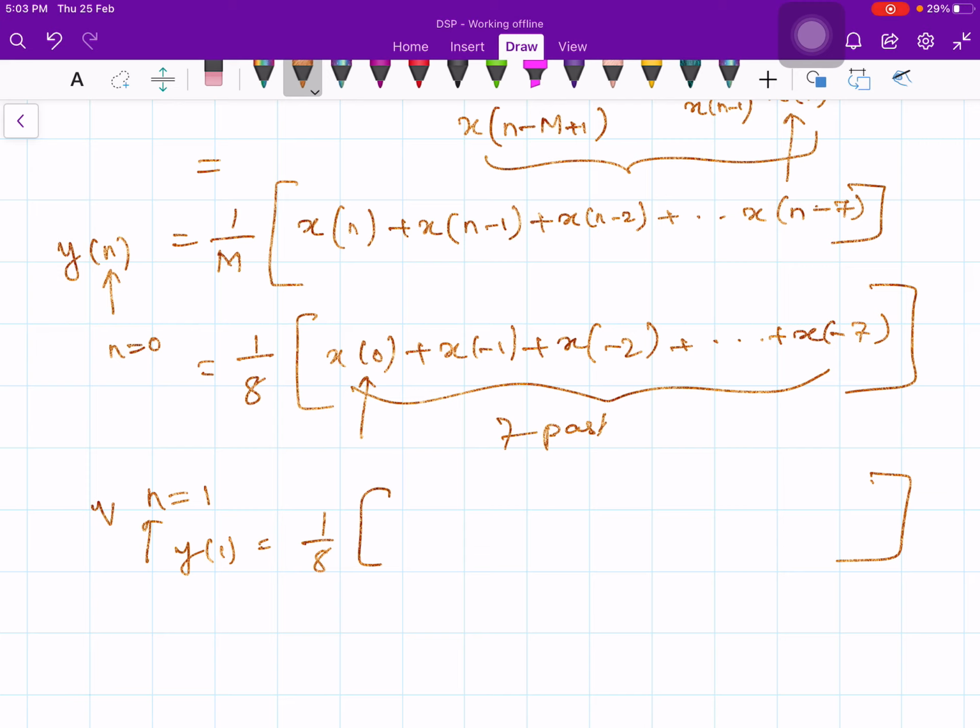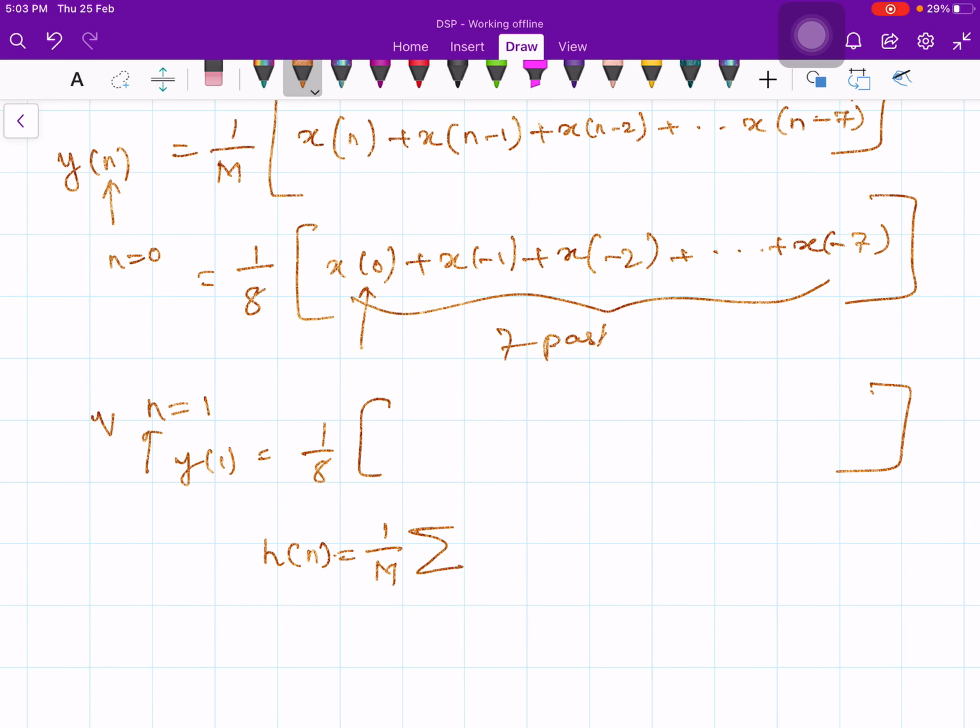FIR, because h of n is nothing but 1 divided by M, summation of delta of n minus k, where k is equal to 0 to capital M minus 1. This we already found in one of the lectures.